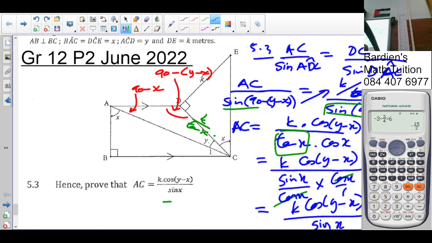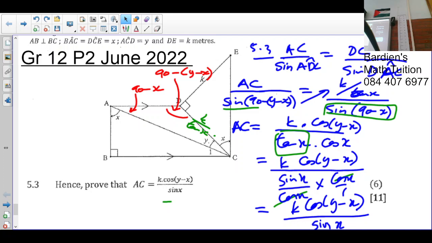And they have just proven what they wanted us to prove. I'll take the calculator away so that you can see anything that you missed.